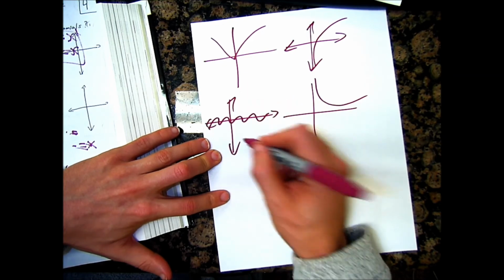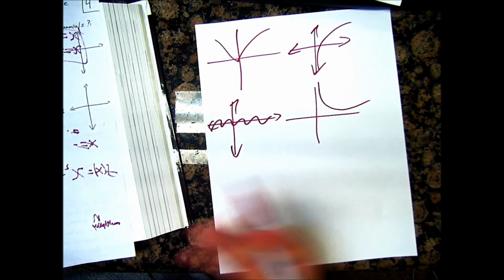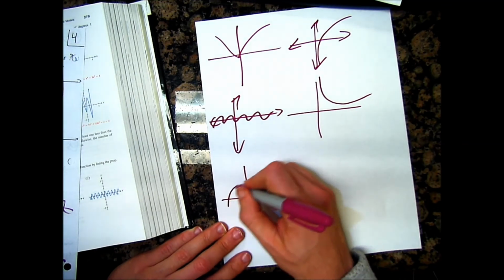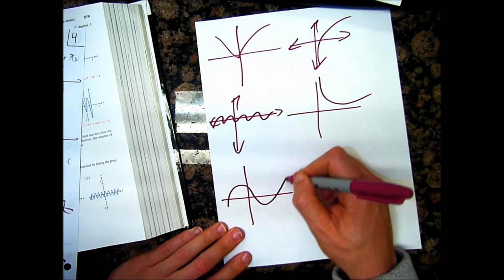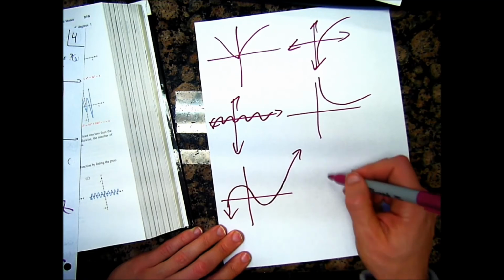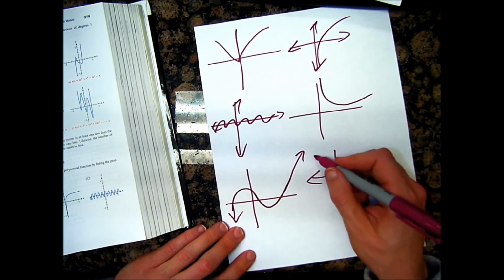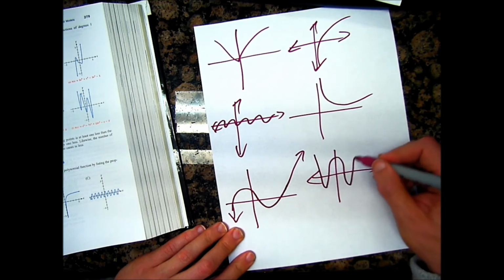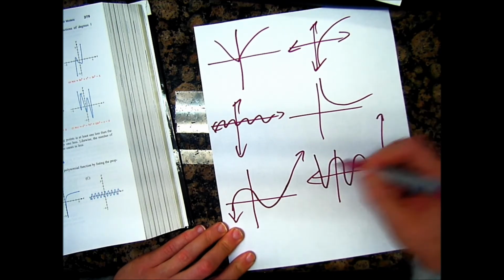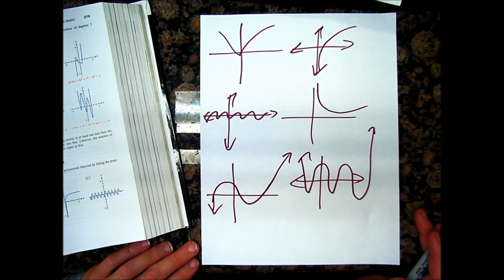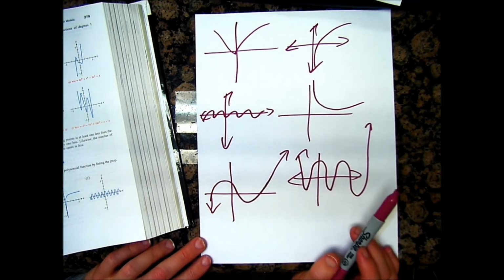And I was just asking the question, which of these represent polynomials? Let me draw a couple more. Okay, so which of these would represent polynomials? None of these first four would.